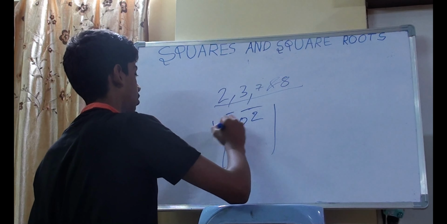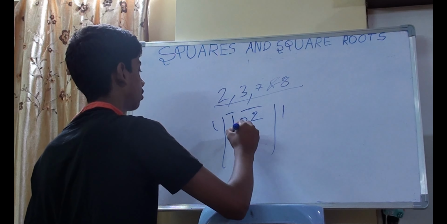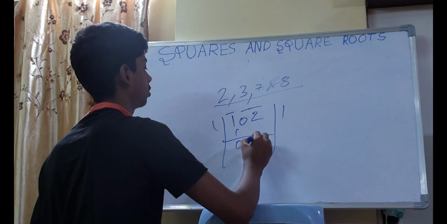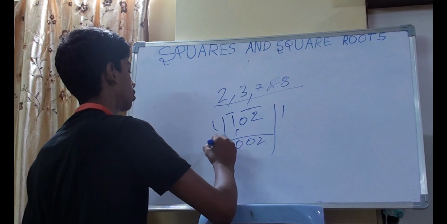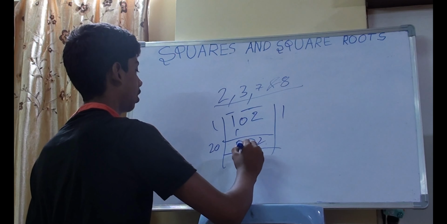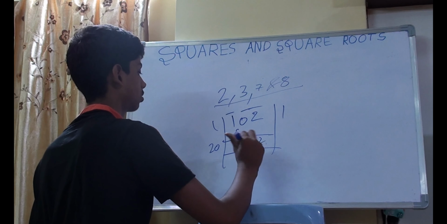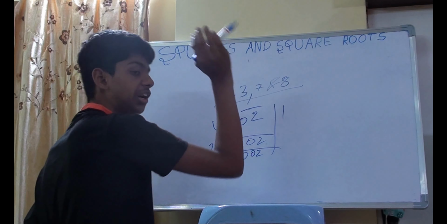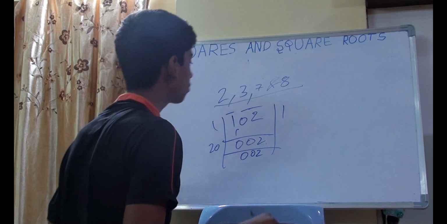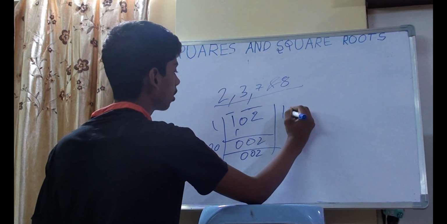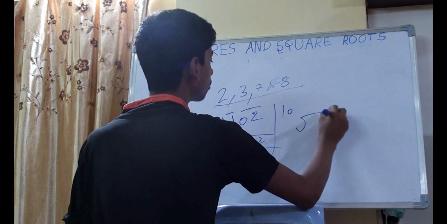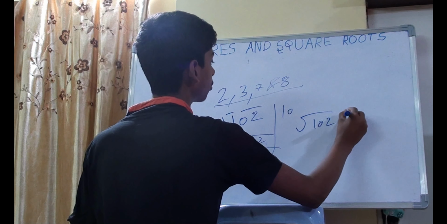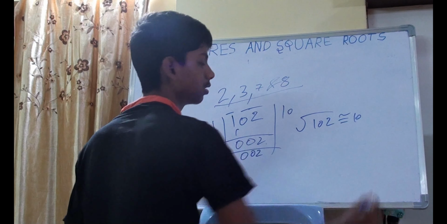So 1, 0, 2, we double it, 2, 0, and it's not a perfect square. So you have proved that it is not a perfect square, but we can round it off. So the root of 102 is approximately 10.1.